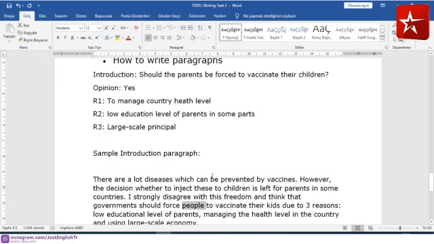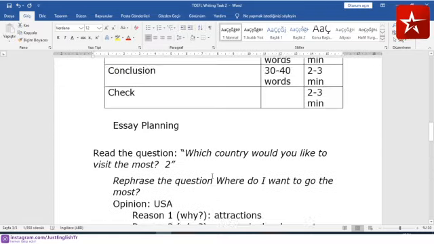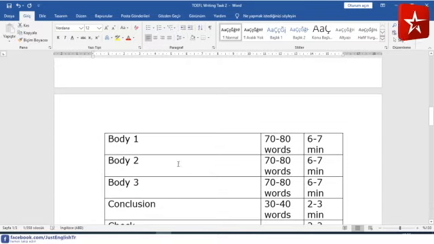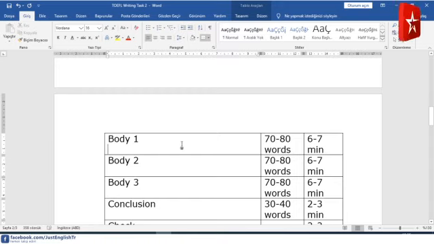Now let's talk about the body paragraphs. What do we need to write in a body paragraph? What is needed in a body paragraph? First of all, of course, we need to have an opening sentence for the body paragraph. This is a sentence which makes me understand that this paragraph is body 1.